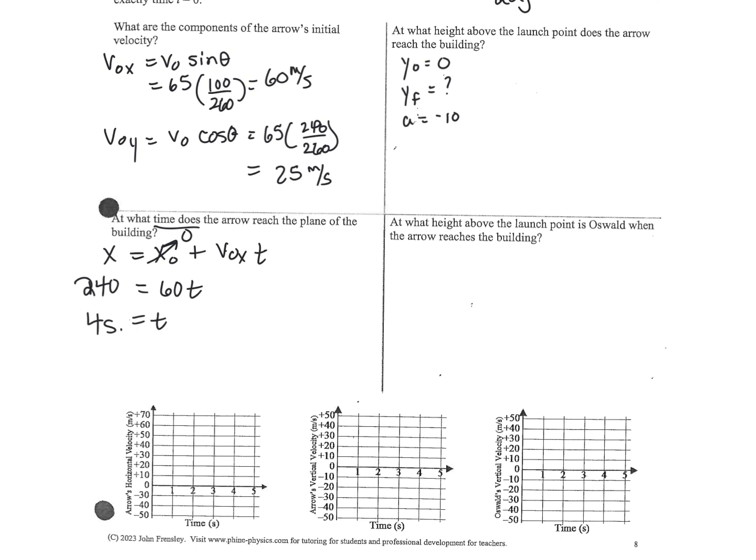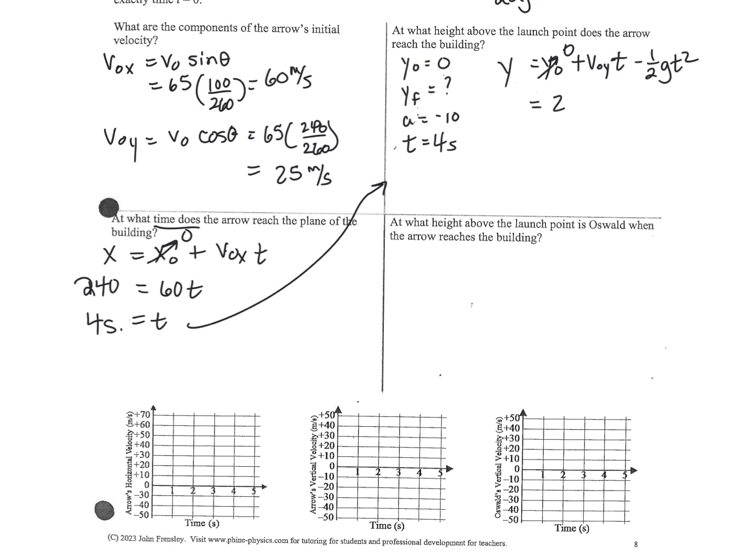Cool. So now I'm going to take that 4 seconds and bring it up here and say my time is 4 seconds. So now I can do y final is equal to y initial plus V initial in the y direction times time minus 1/2 gt squared. Okay. Y initial is 0.